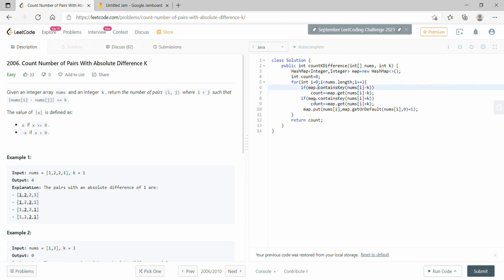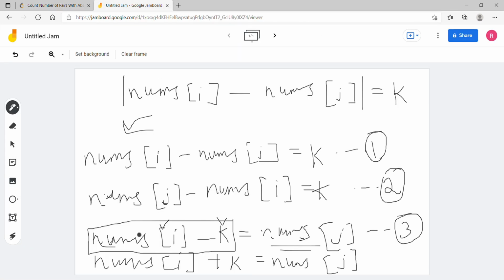And next we are doing nums i plus k, which is the next equation. If this is present, that means nums i is forming a pair with nums j.